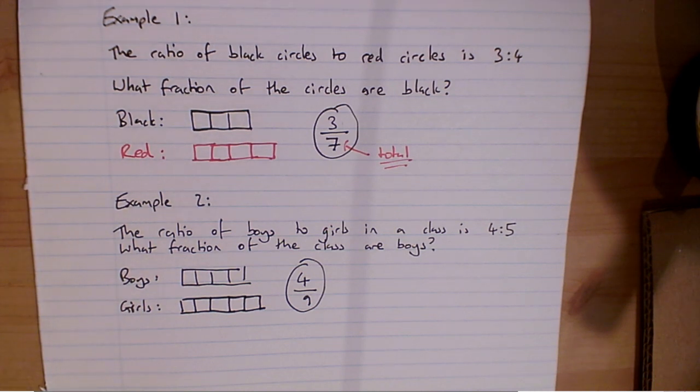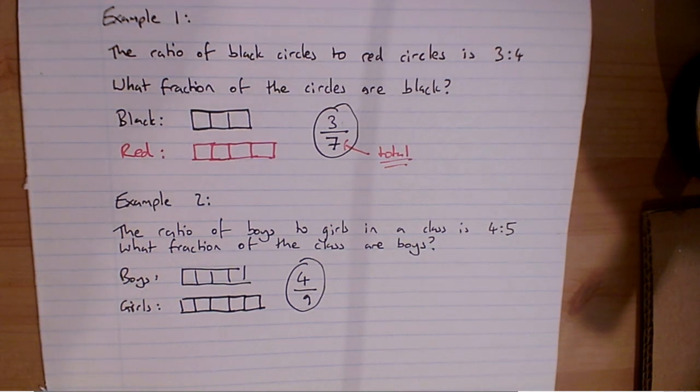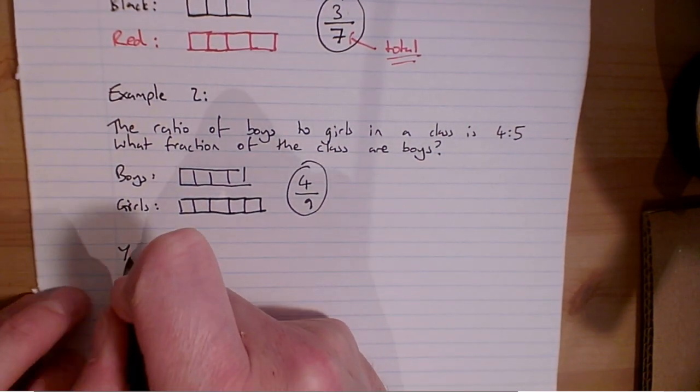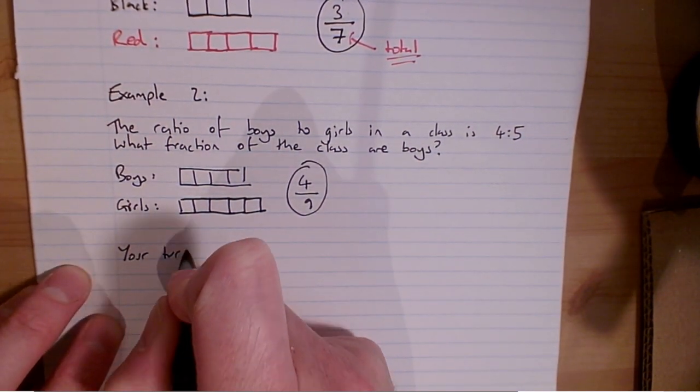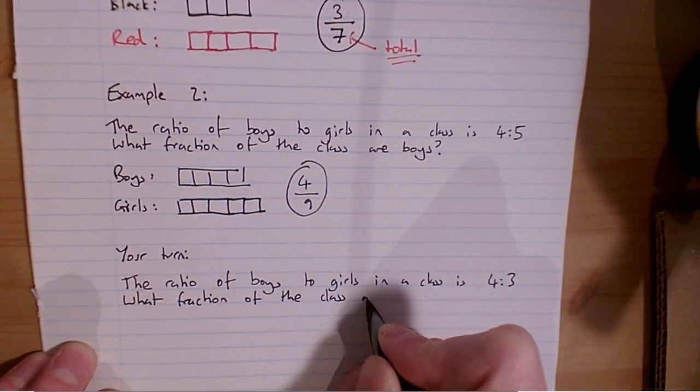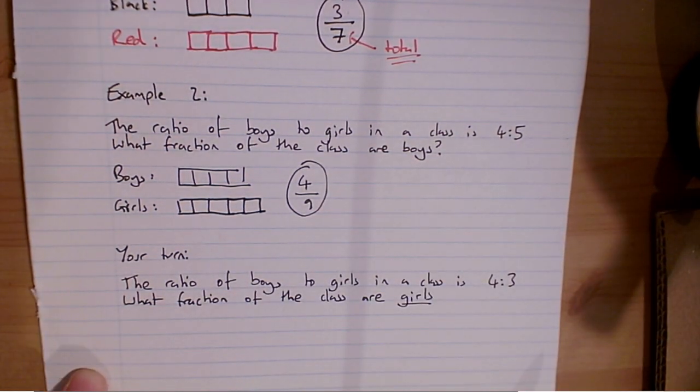Green pen that if you tried it yourself, otherwise have a go, otherwise copy it down. Now here's one for you to do. It's which fraction are girls. Pause the video, have a go and write your answer in the box below where it says your turn 1.